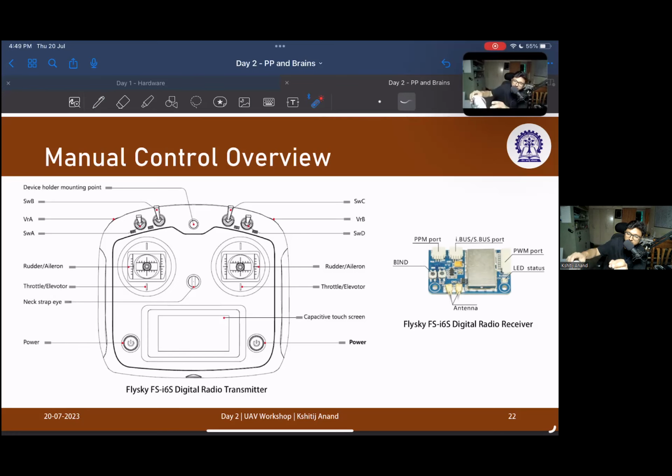So just give me 1 minute. I'll reposition my camera and you'll have a much better view of how this transmitter works.